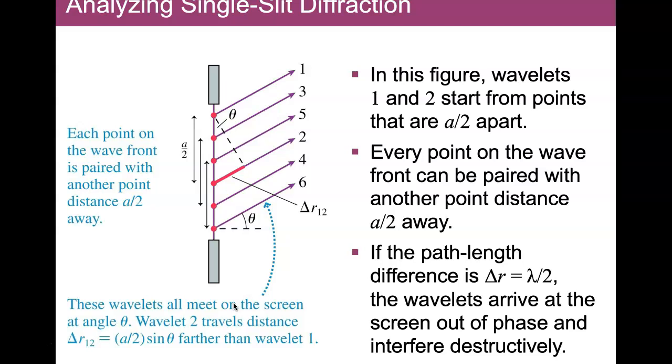And let's say we want to identify, for example, the next place where we get constructive interference. So we know theta equals 0 obviously has constructive interference. So what we want is for all of these to be in phase. So how can we do that? Let's consider just a couple of them.